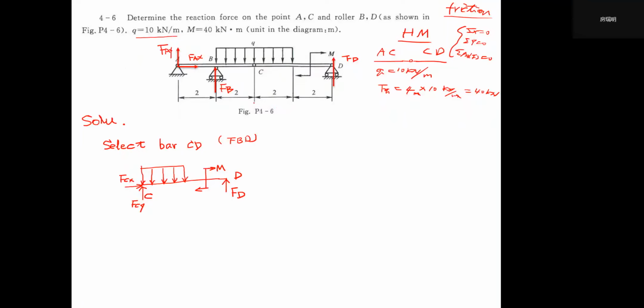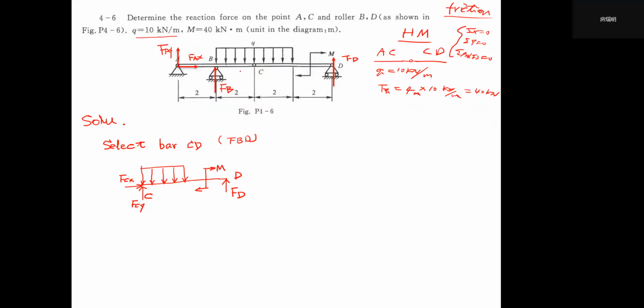If we free CD from the original system, we have to remove this constraint and this constraint, so we should give the reaction forces according to the type of constraint at C and at D, right?